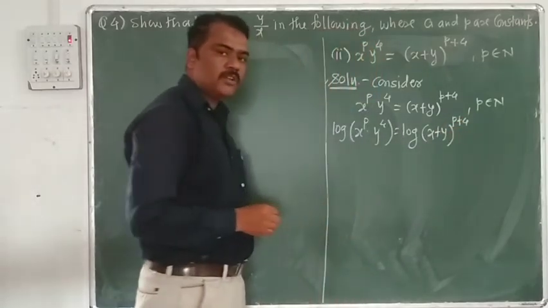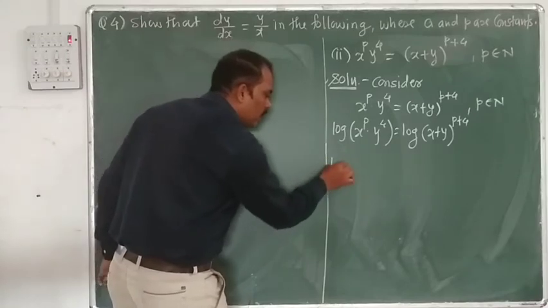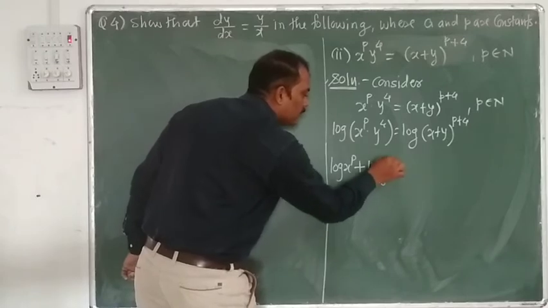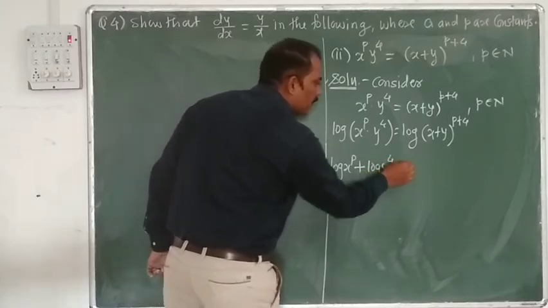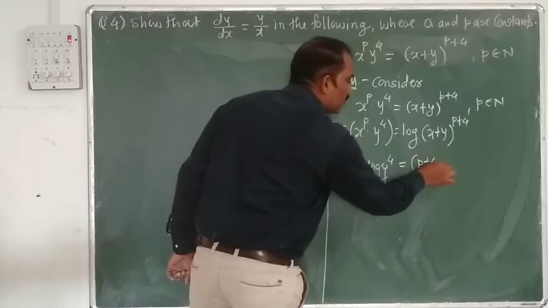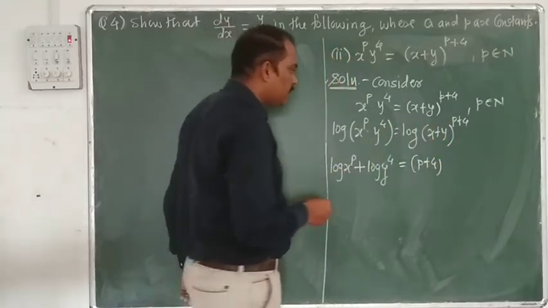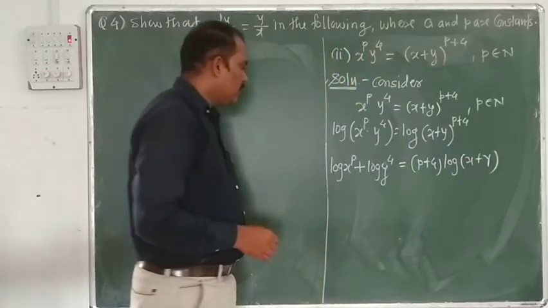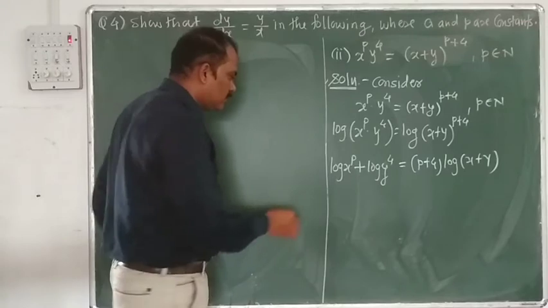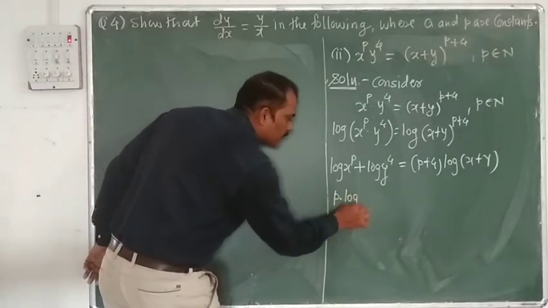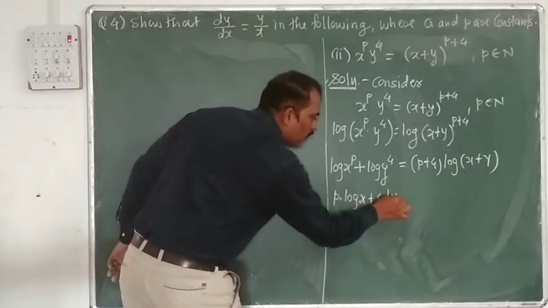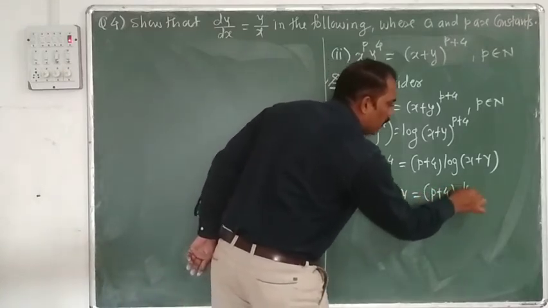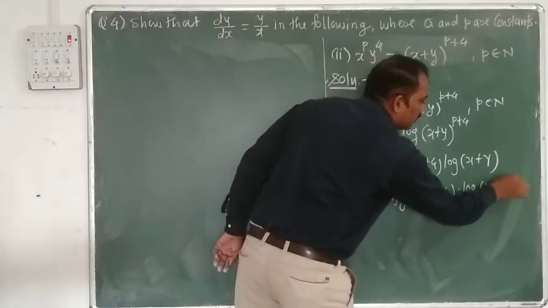By using the rules of the logarithm, log of x raised to p plus log of y raised to 4 is equal to p plus 4 into log of x plus y. Again using the laws of exponent, we get p into log of x plus 4 into log of y is equal to p plus 4 into log of x plus y.